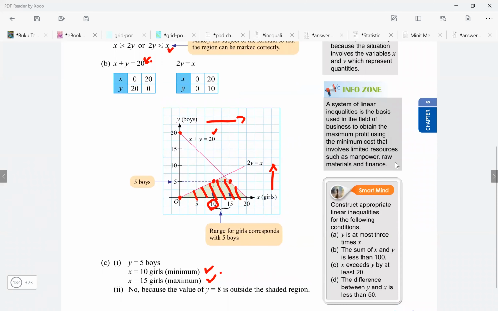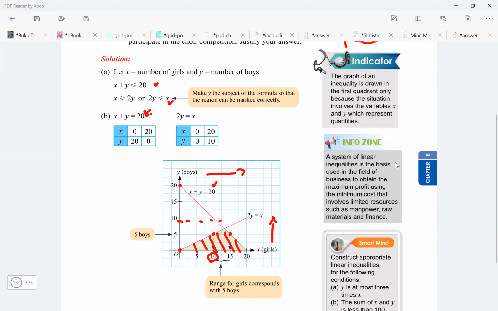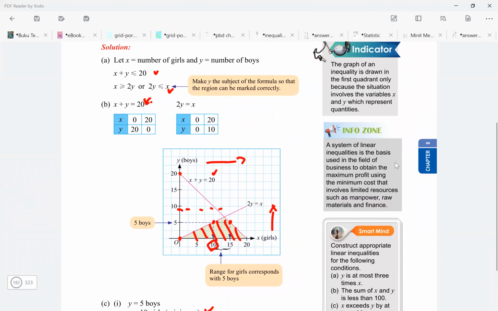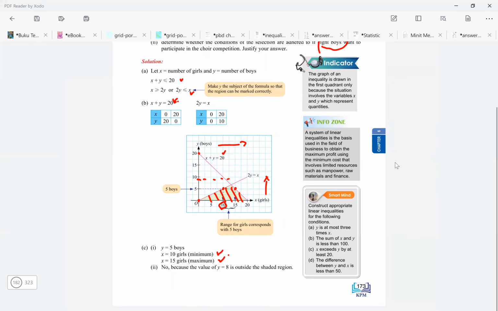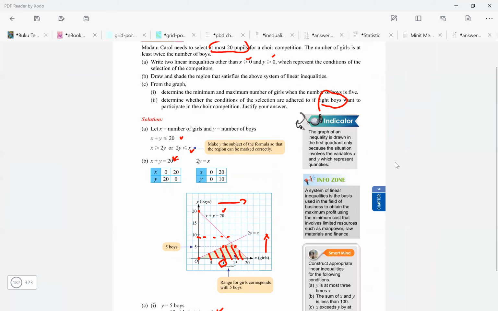Is it possible for 8 boys to enter the competition? No. Why? Because the value x equal to 8 is outside of the shaded region. It only applies if it is inside of the shaded region. So this is example 14.